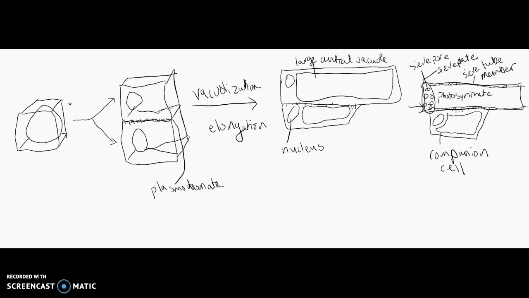Still have those plasmodesmata, and we'll see how those are used to load and unload photosynthate. And that is the mature form. They're still living. Both cells are still living, but the sieve tube member no longer has a nucleus.